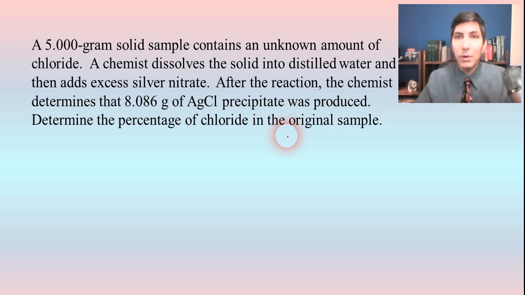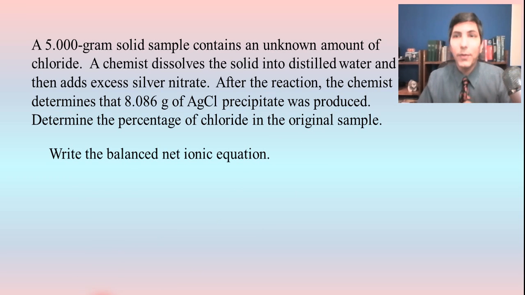Now notice that there is a chemical reaction going on here. So the very first thing we have to do is figure out what that reaction is. So let's write the balanced equation, especially the net ionic equation for this. Now hopefully, after you have been in chemistry this long, if you're at this point in the AP Chemistry course, you realize that it has an unknown amount of chloride, and we're adding some silver ion.